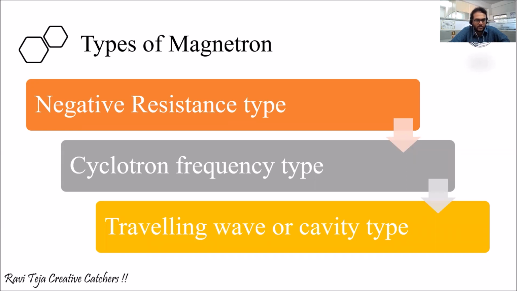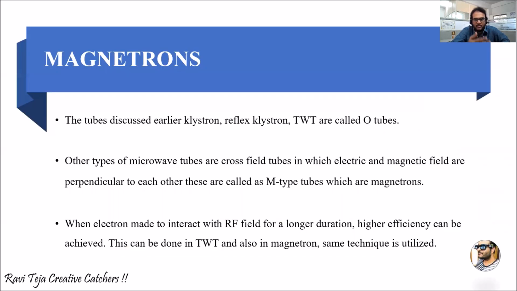So this is the basic concept of a magnetron. Unlike O-type tubes, these are cross-field tubes where electric and magnetic fields are perpendicular to each other, and they are also called M-type tubes.